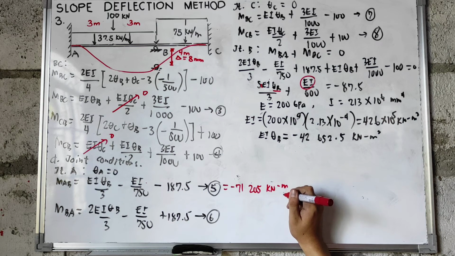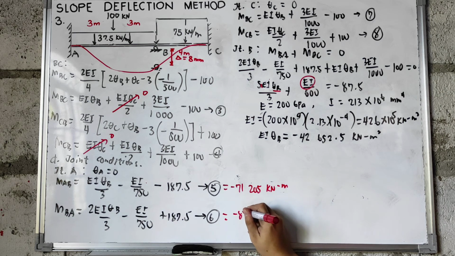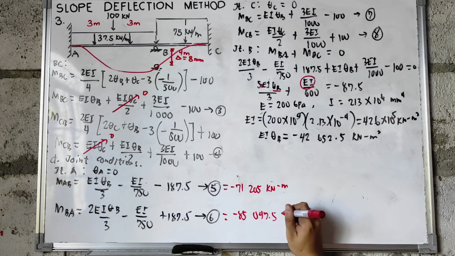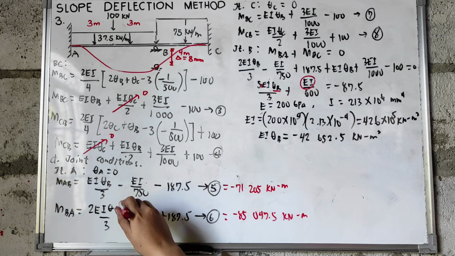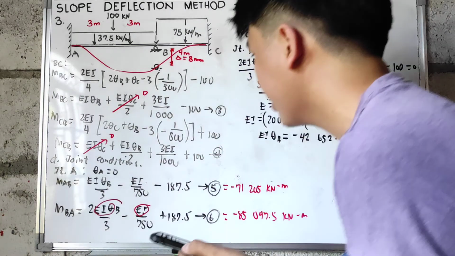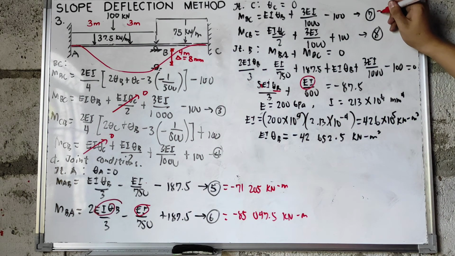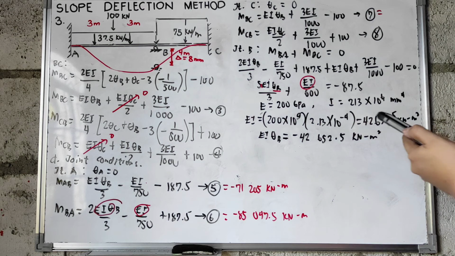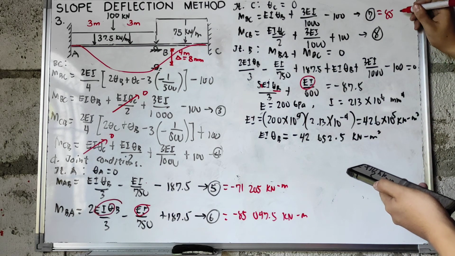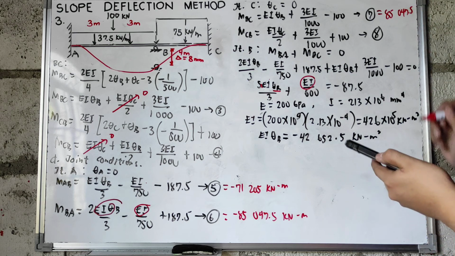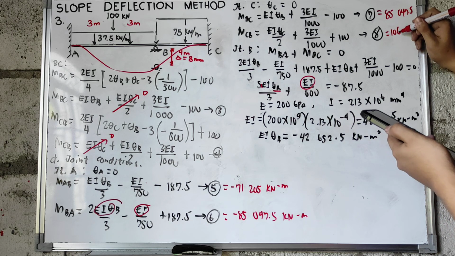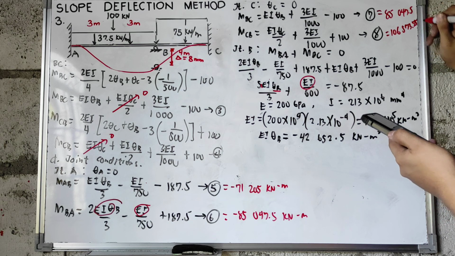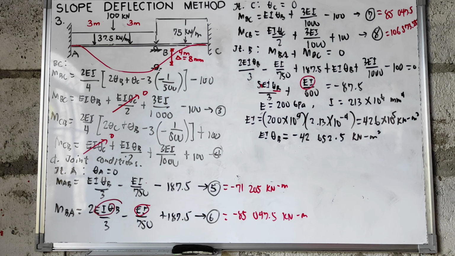And for the MBA, we have negative 85,047.5 kilonewton meter. Just substitute the value of our EI and the value of your EI theta B. Same with the MBC, we have positive 85,047.5. And lastly, for MCB, we have 106,573.75. So that is our procedure when there is a settlement in the support.